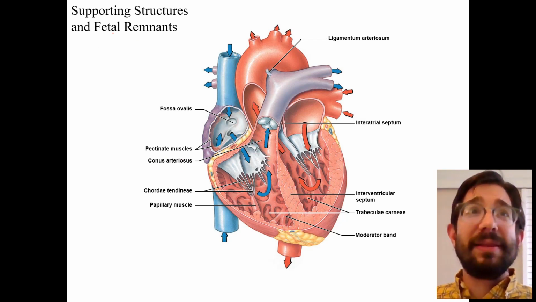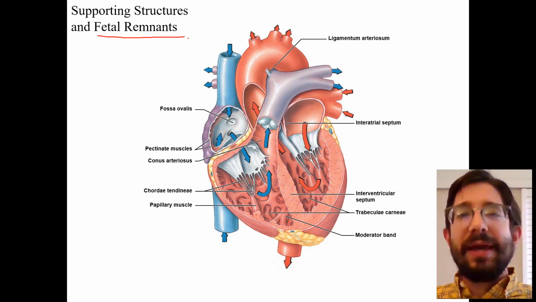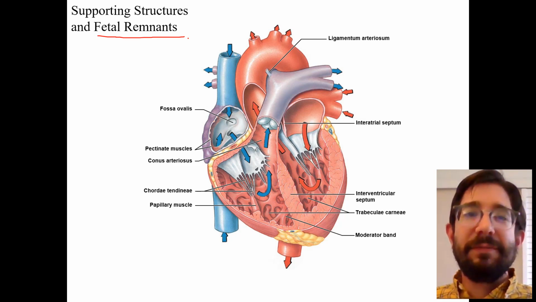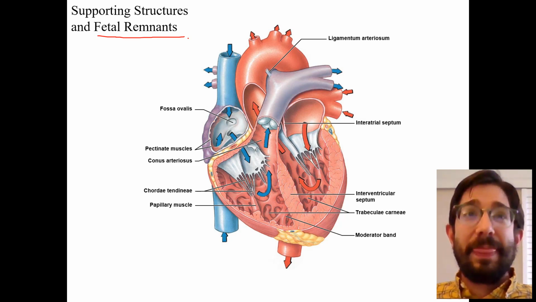And last are fetal remnants. Fetal remnants are pretty cool. Remember that as a fetus, you have the placenta there to facilitate gas exchange. So you're not taking any oxygen into the lungs, and you're definitely not sending any blood to the lungs.